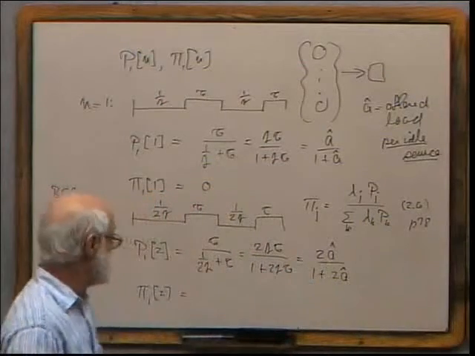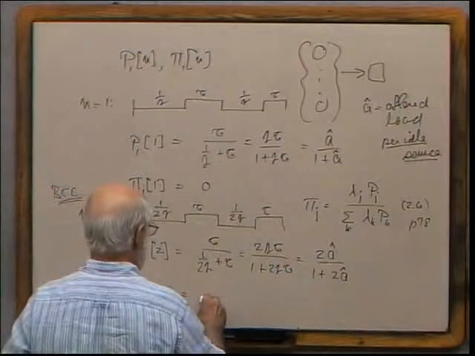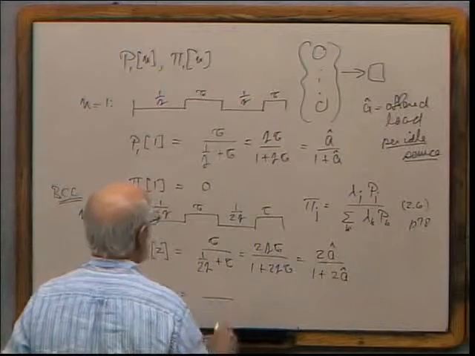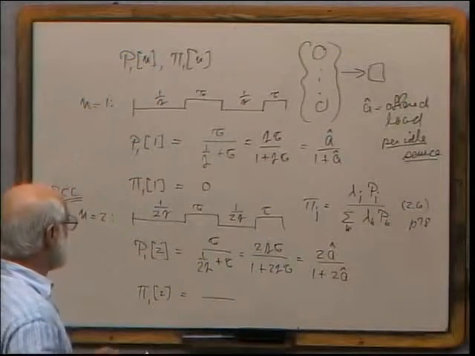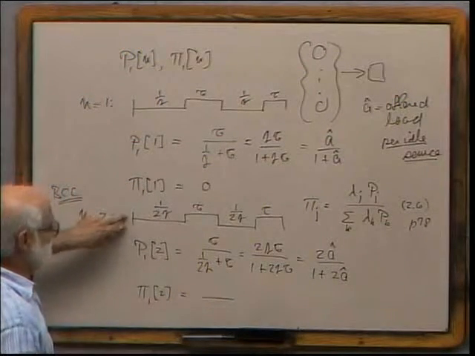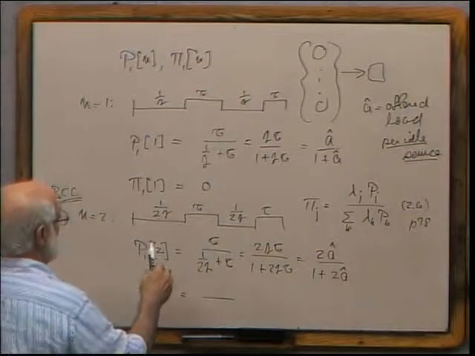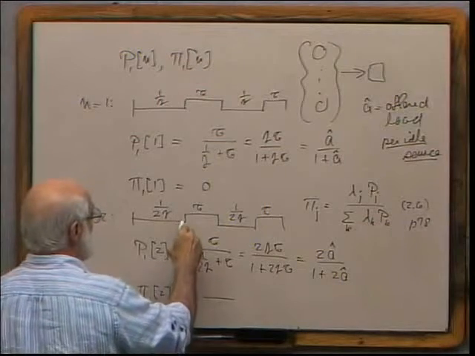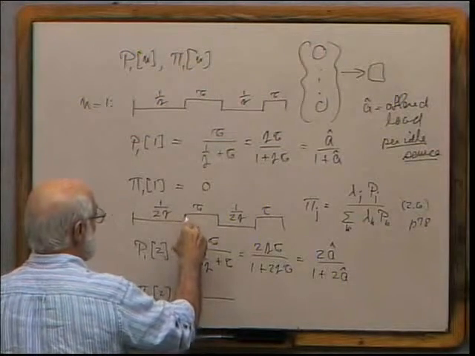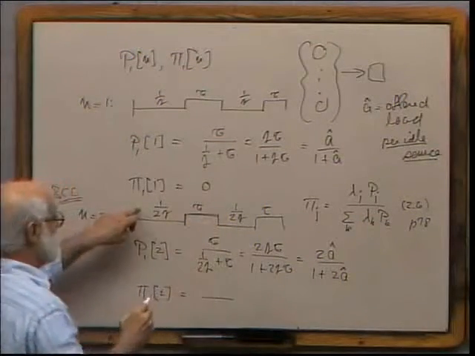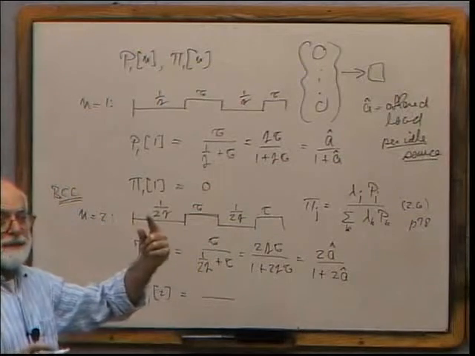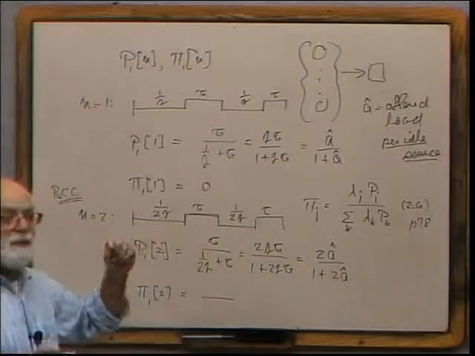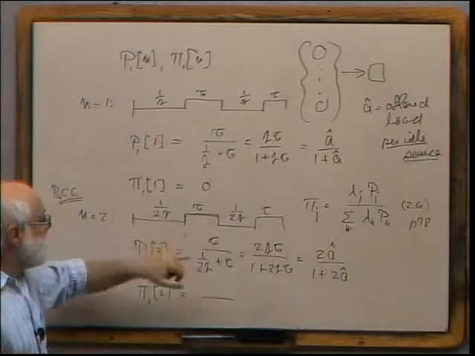Okay, so how many customers are going to be blocked in this system? Well, when the first subscriber makes his request for service and enters service, the other subscriber is still in his think state. He's making a request at rate gamma. The length of time that the server is busy is tau.